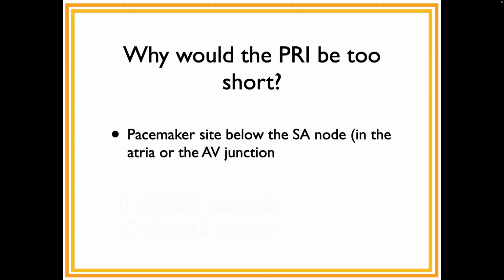Is that just going to be from a congenital heart defect? No, it could be ischemia, it could be an electrolyte imbalance, it could be some tox issue, it could be that somebody has drunk a cup of coffee, it could be a benign thing that really doesn't matter anyway.